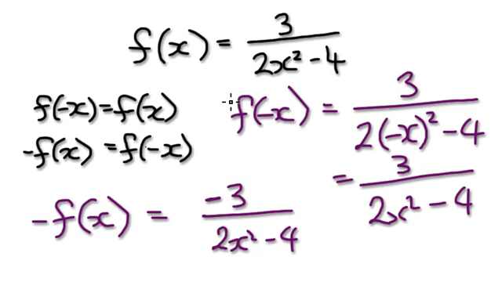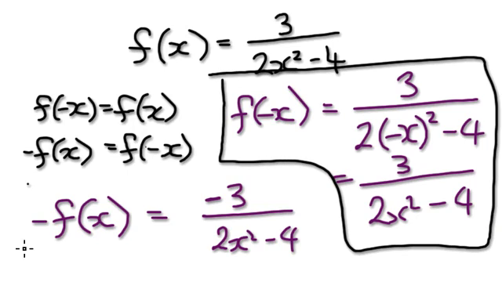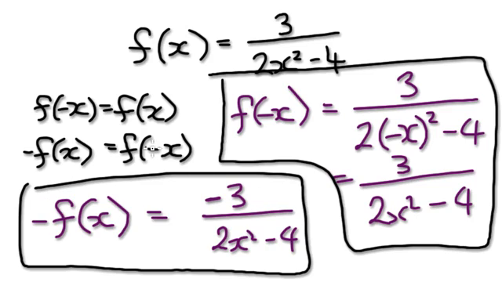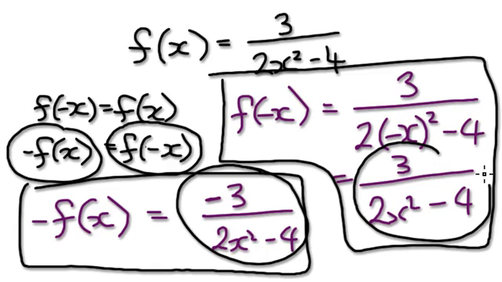Don't forget that this is one bit and this is another bit, and we are checking to see if they are the same. This is not the same as this, because you've got a minus here.